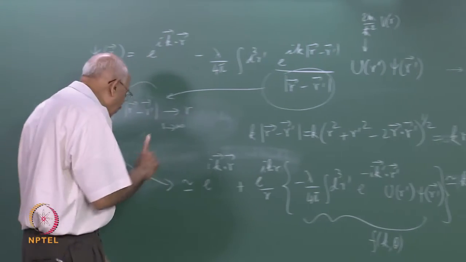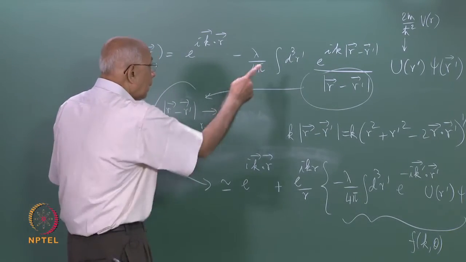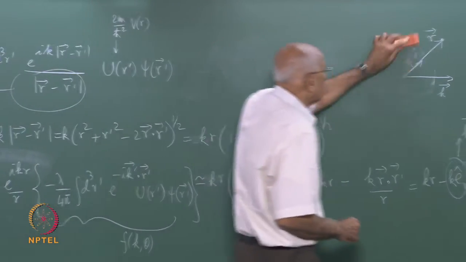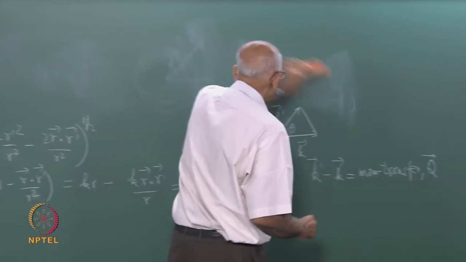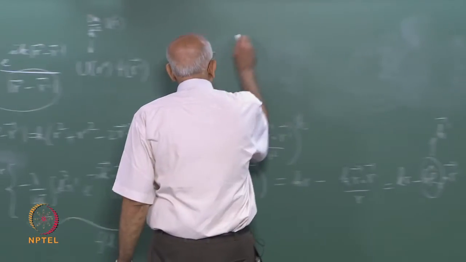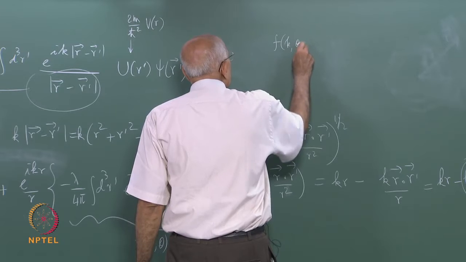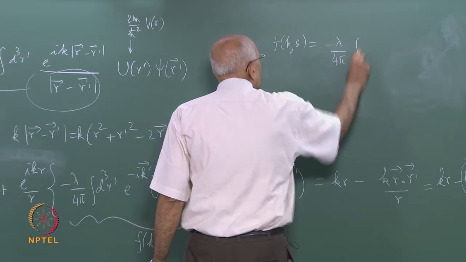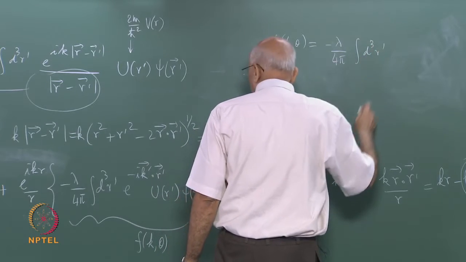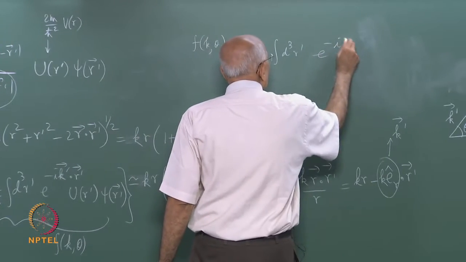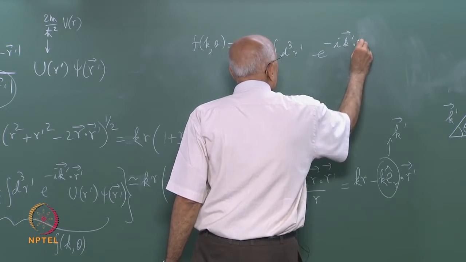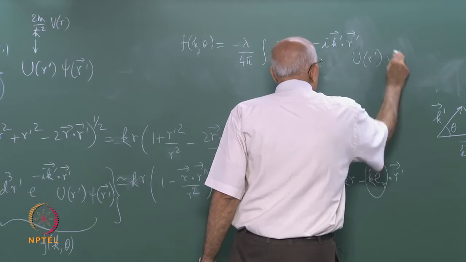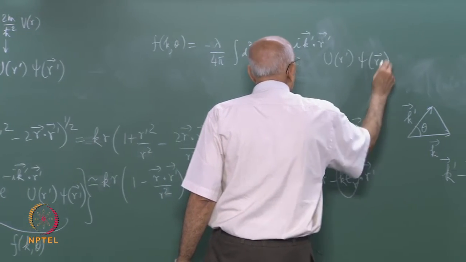So we have an exact formula, we will come back to this equation, but we have now an exact formula for the scattering amplitude, and that is f of k comma theta equal to minus lambda over 4 pi integral d3 r prime e to the minus i k prime dot r prime u of r prime psi of r prime.